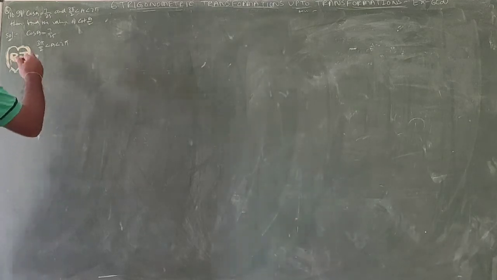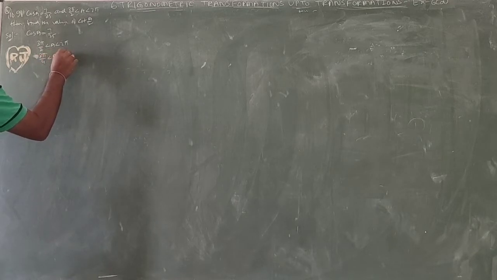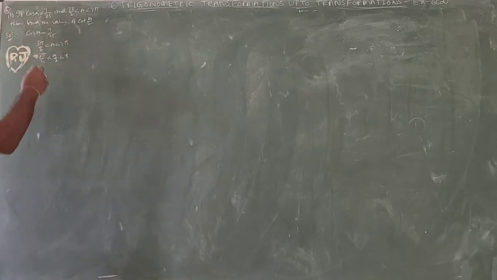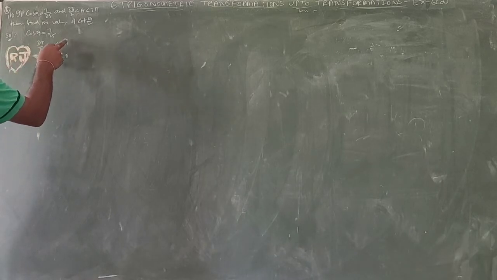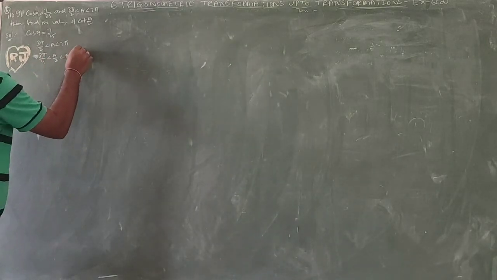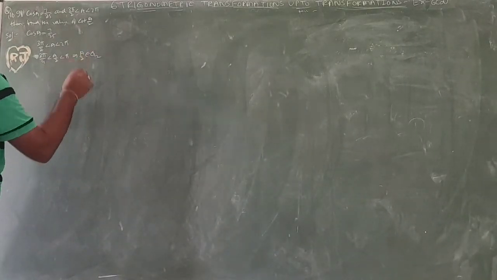So I want to take half of this. 3 pi by 4 less than A by 2 less than 2 pi by 2 equal to pi. Half of 3 pi by 2 is 3 pi by 4, half of A is A by 2, half of 2 pi is pi. So A by 2 is less than pi. So this implies A by 2 belongs to the second quadrant. Less than 180 means it lies in the second quadrant. A by 2 is in the second quadrant.